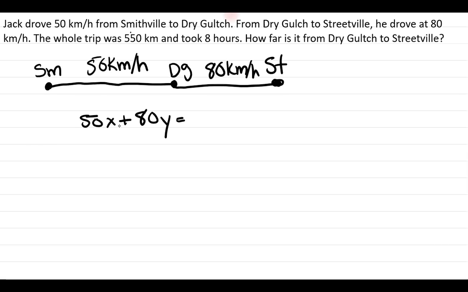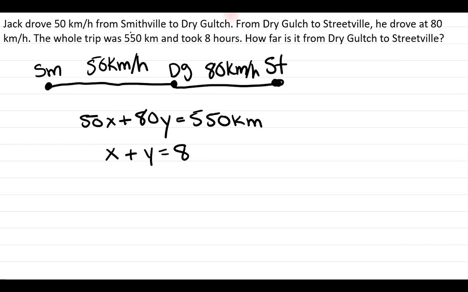The combination of these two is 550 kilometers. And in total, the amount of hours we spent driving 50 kilometers per hour plus the amount of time we spent driving 80 kilometers per hour is equal to 8.